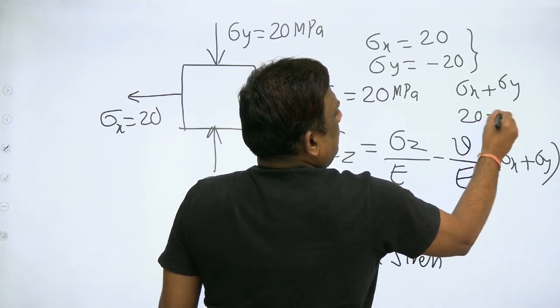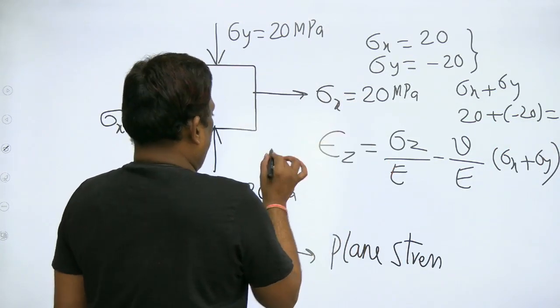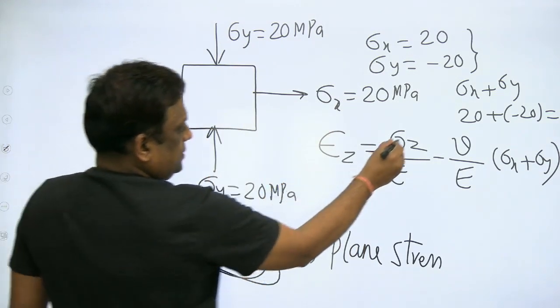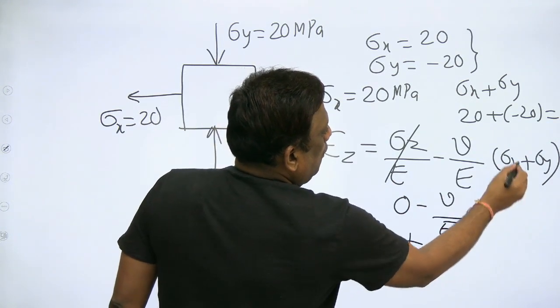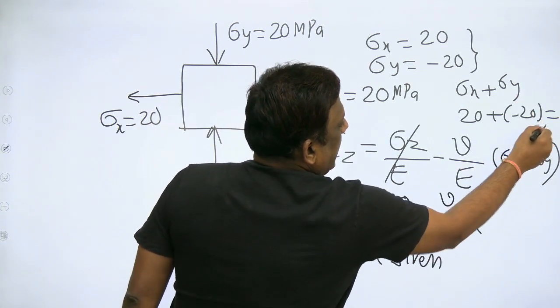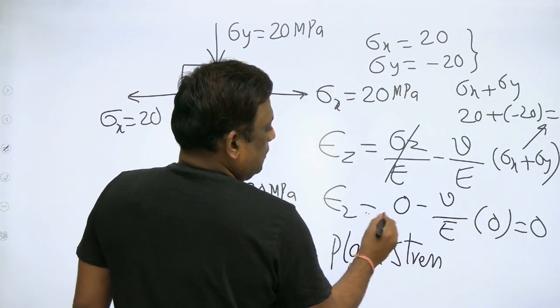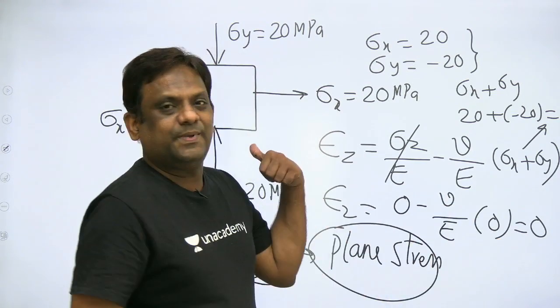That is 20 plus minus 20, which is 0. It means already it is plane stress. So sigma z is 0, minus nu by E. Just now you found sigma x plus sigma y as 0, so this is also 0. It means epsilon z is 0. When epsilon z is 0, it is plane strain. Already it is plane stress, therefore it is plane strain.